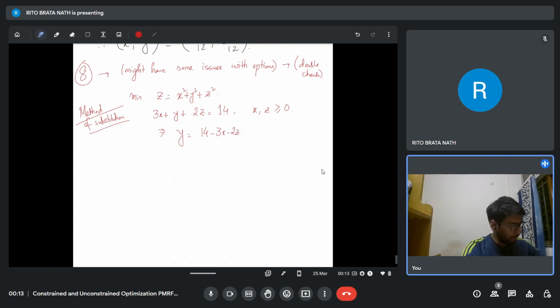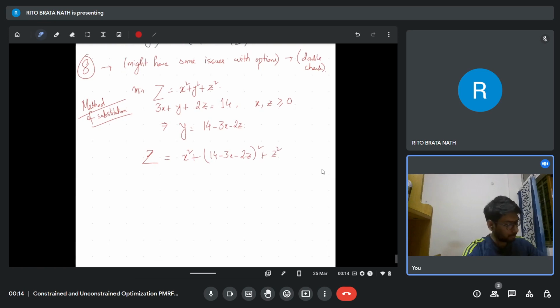So what you can do right now is minimize. This z, you can think of it as capital Z. Now this Z is x squared plus (14 minus 3x minus 2z) squared plus z squared.